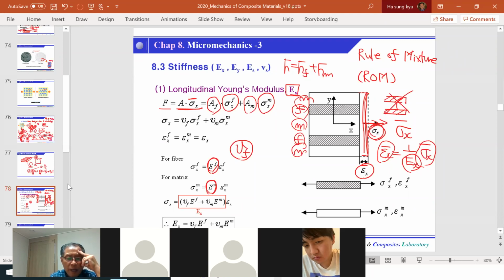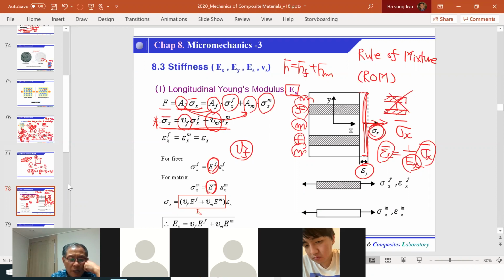This is the equation we have, and then we divide by A. AF divided by A is simply the fiber volume fraction, and AM divided by A is the volume fraction of the resin.